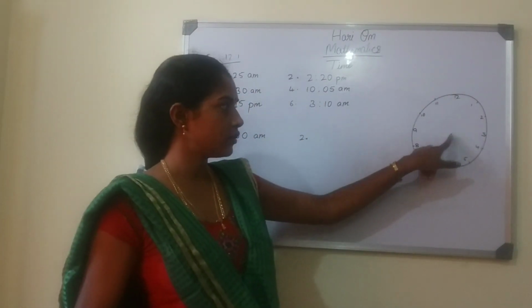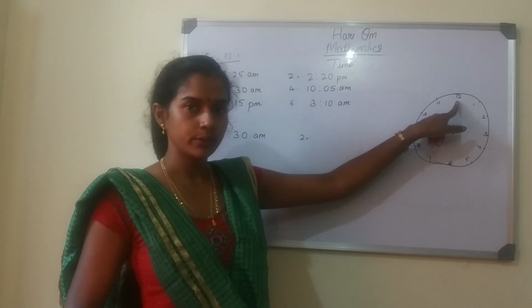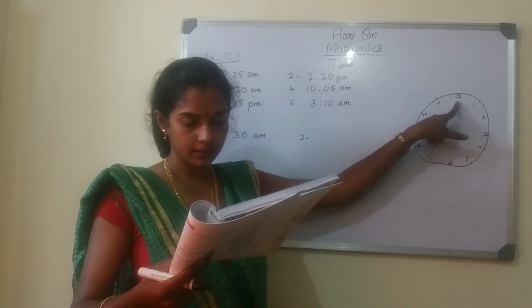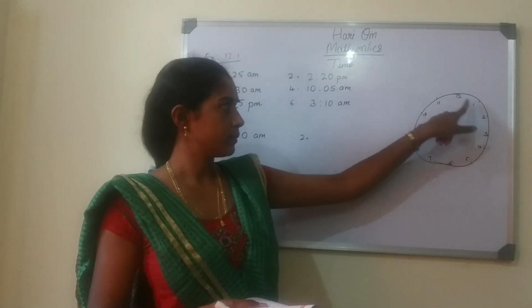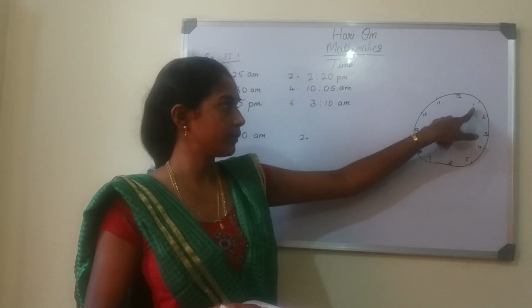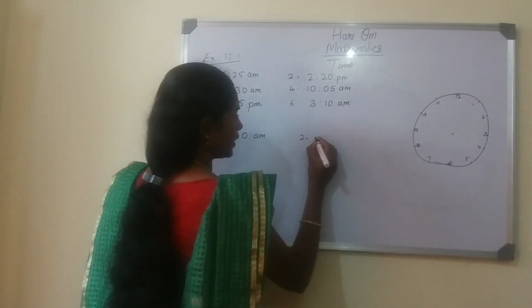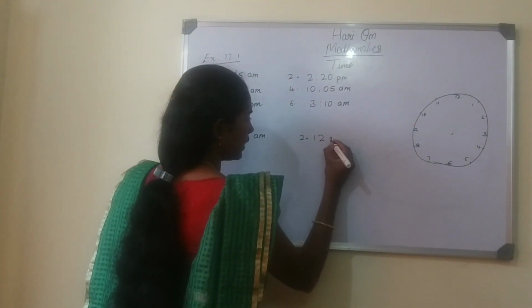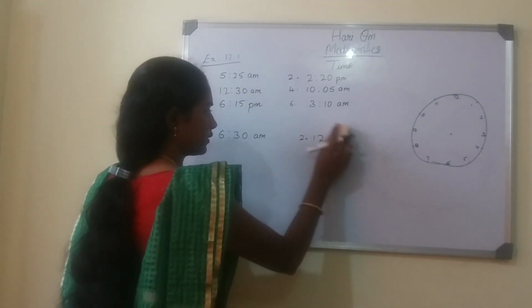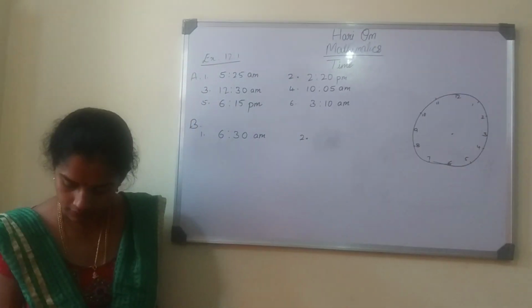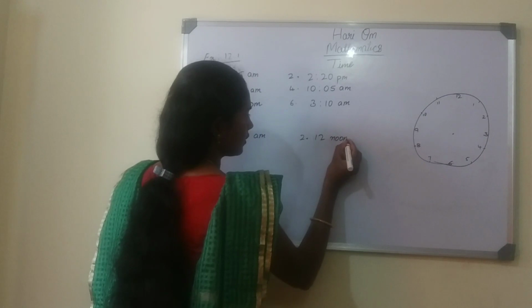So if it is 1 o'clock, 1 hour before that is 12 o'clock, and they have mentioned PM. PM means afternoon. So it becomes 12 noon.